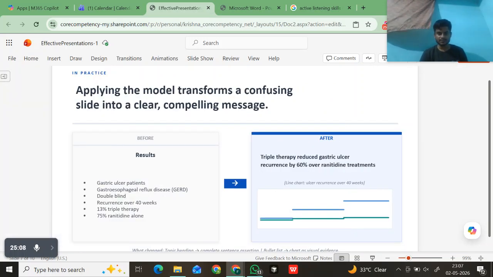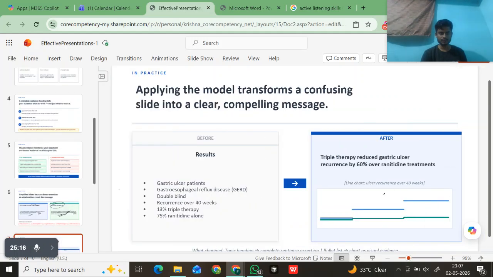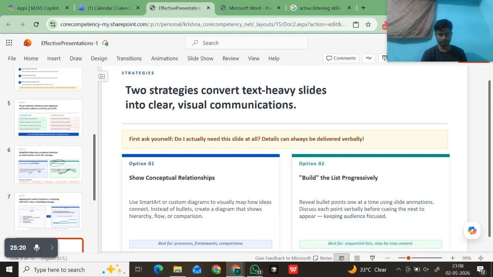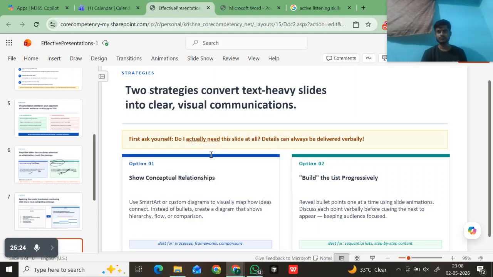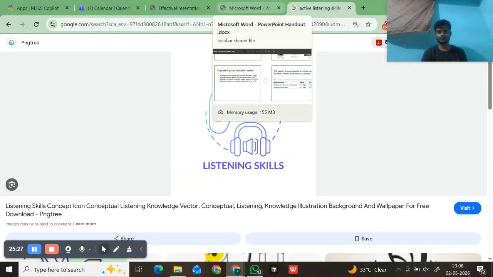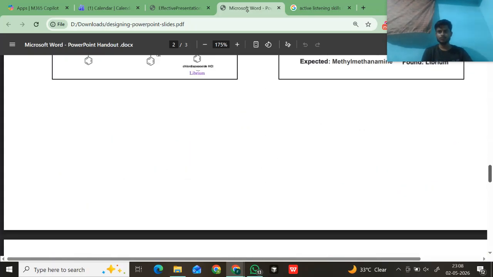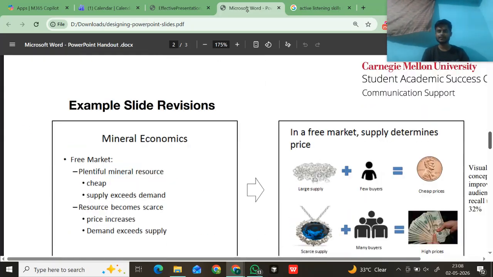For example, this is the same example we have learned about, right? So I hope it is very clear how to visualize from these three examples, right?